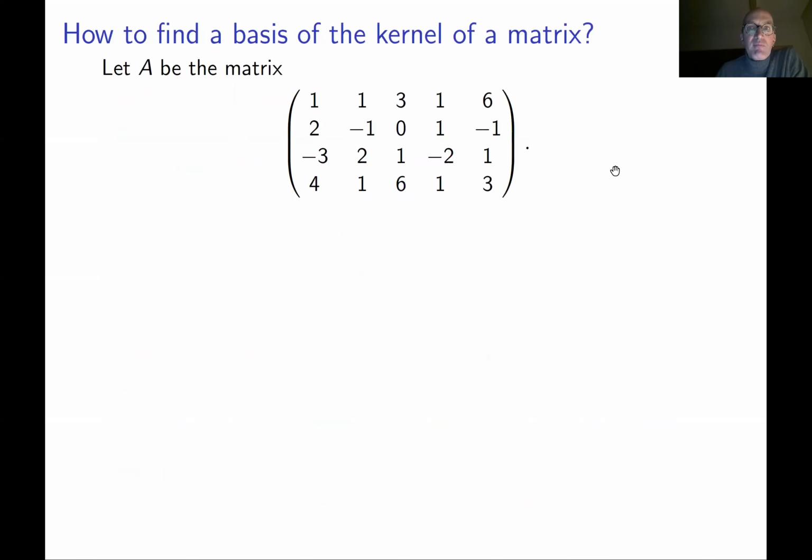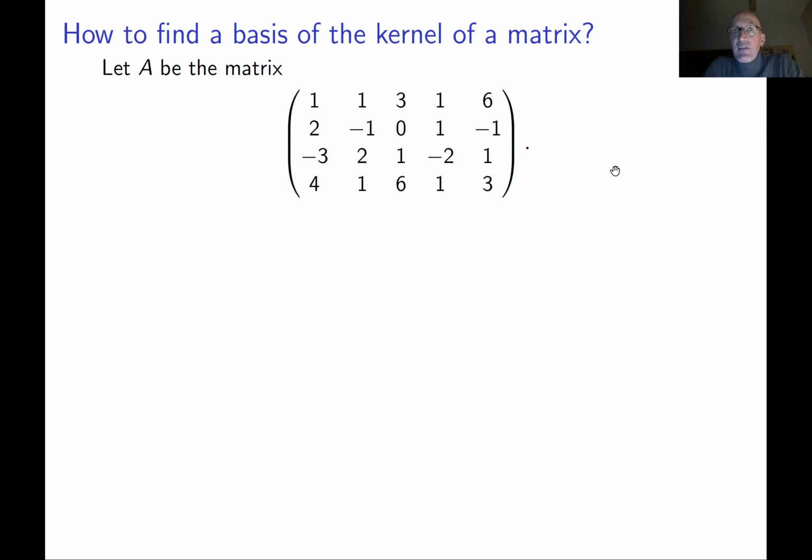Okay, let's find some applications of the reduced row echelon form, which I already mentioned a few slides ago. We can use it to find a basis of the row space. We can use it to find the dimension of the row space, which is the rank of the matrix.